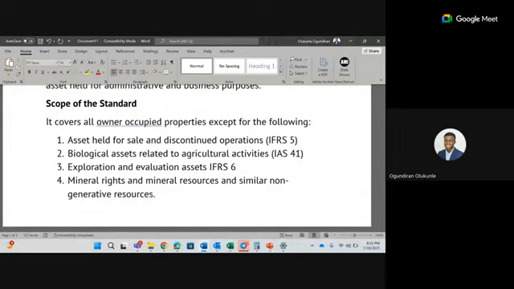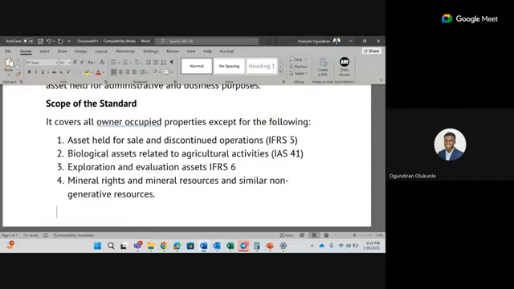I will explain that again in the next couple of minutes. But if an investment property is held under cost model, you will understand what cost model, fair value model, and revaluation model are in the next couple of minutes. If it is held under cost model, the cost model under IAS 16 is the same as the cost model under IAS 40.